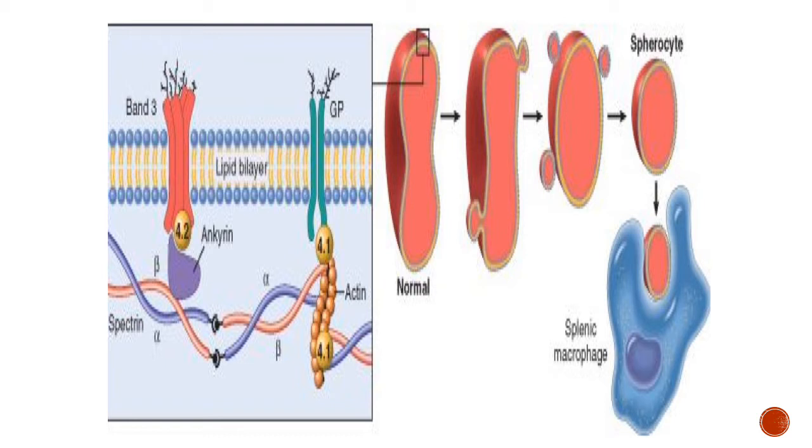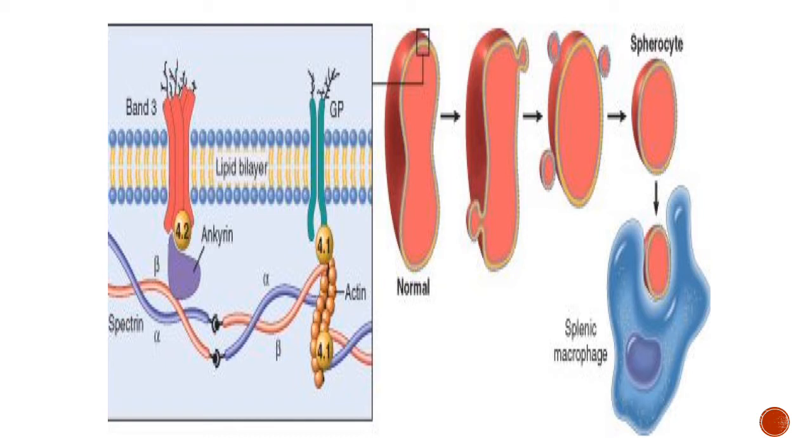So whenever there is some abnormality or mutation of these proteins, especially ankyrin or spectrin or probably 4.1 or band 3 mainly, there is loss of this RBC membrane because the proteins are lost here. So that leads to small membrane vesicle formation, and they're shed off from the RBC membrane.